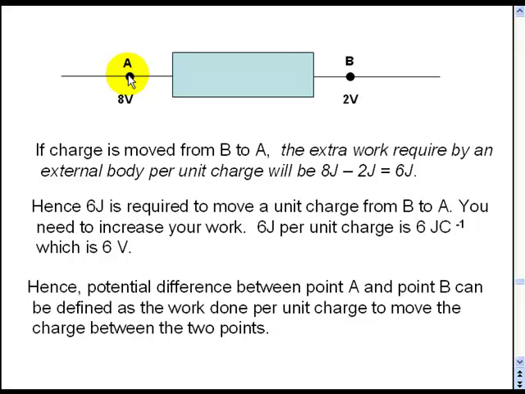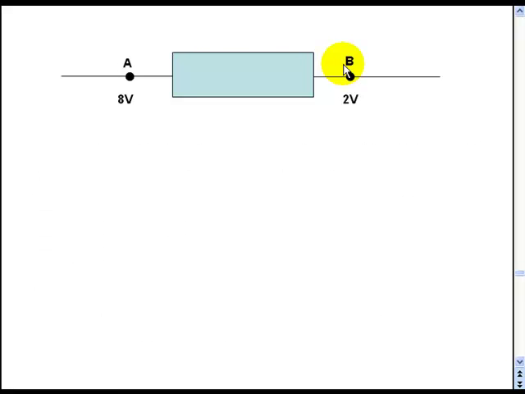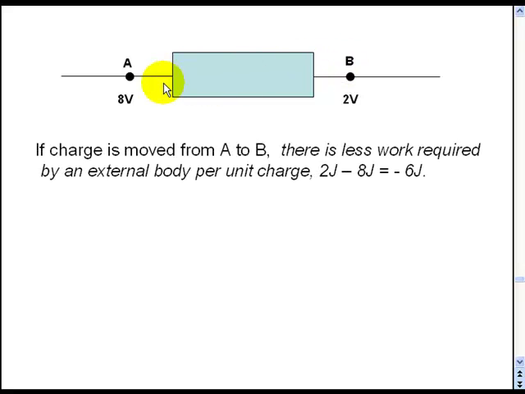What if you move the charge from A to B instead? How much work is done? Is this going to be the same as from B to A? If charge is moved from A to B, there is less work required by an external body per unit charge.